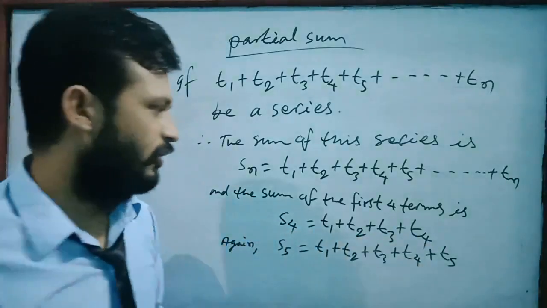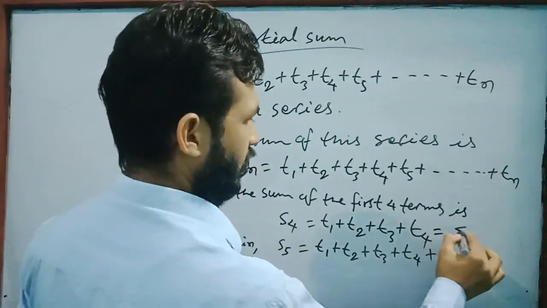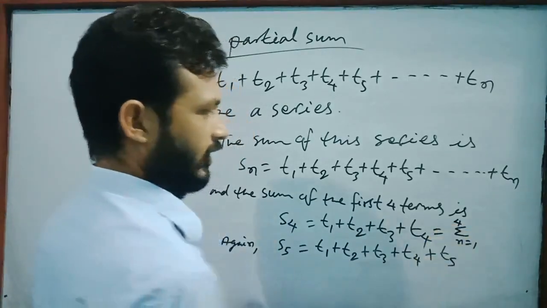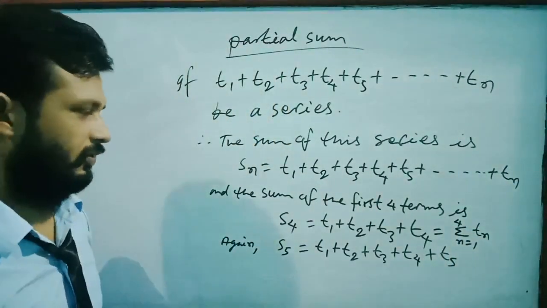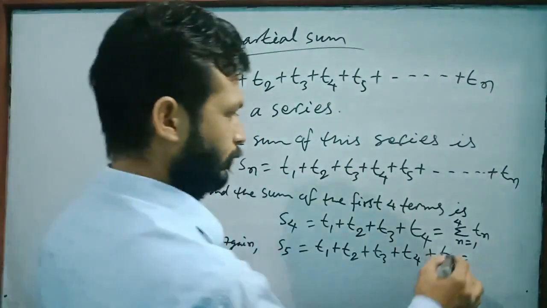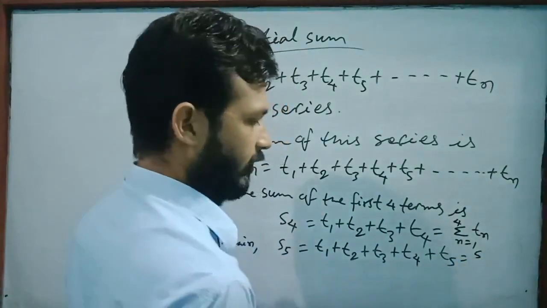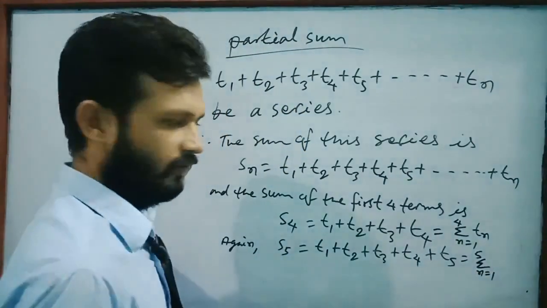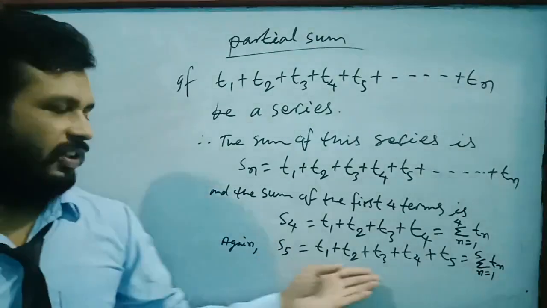So it is also right to write summation n equal to 1 to 4 of Tn. It is also right in sigma notation. Here how many terms? 5 terms. So here write 5, summation starting from the first term of Tn. Are you clear?